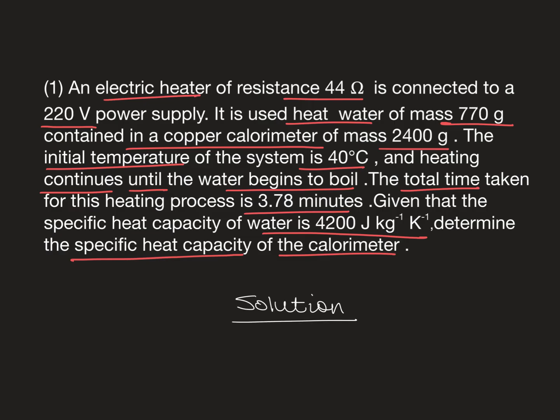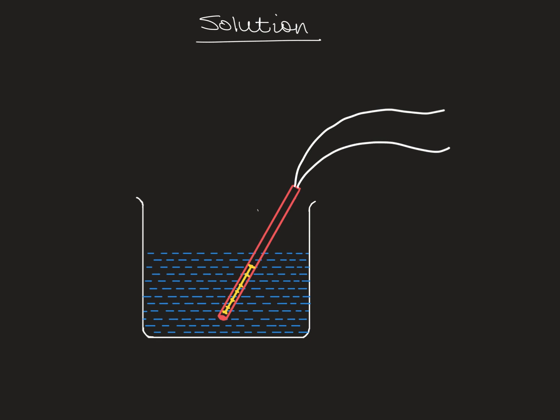Let us try to analyze this problem with a diagram. This is the electric heater that is connected to a 220 volt power supply. The resistance is given as 44 ohms.